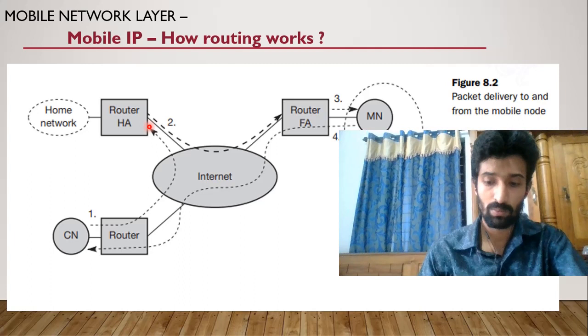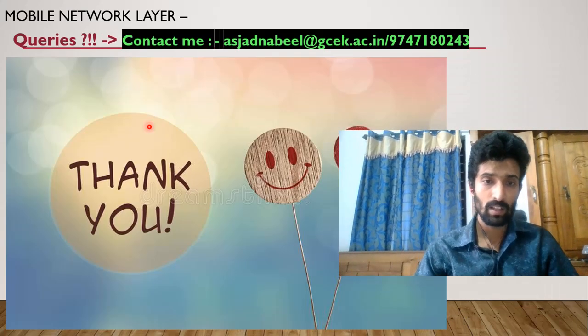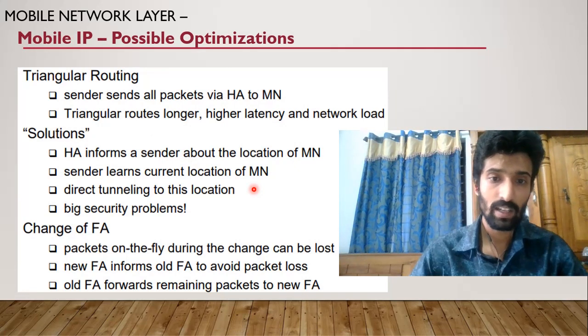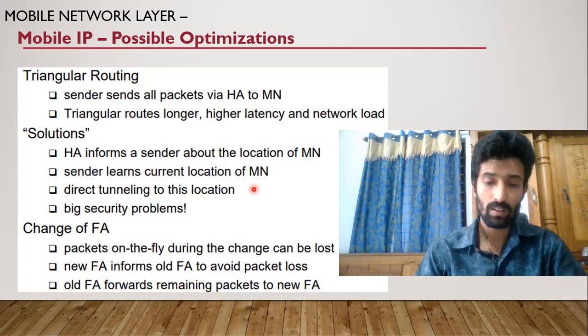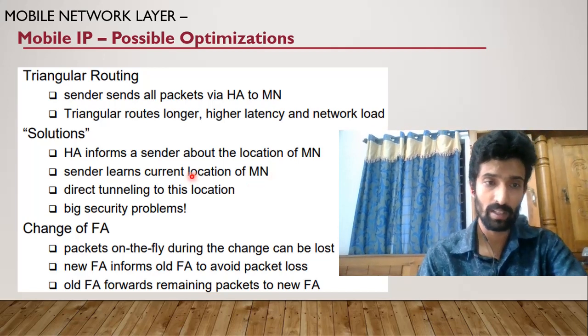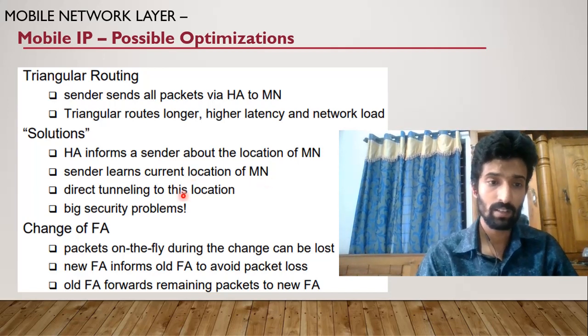That is one possible optimization. But the issue is that the mobile registration and all the security concerns are managed at the home agent. So the moment the home agent is removed from the communication, bigger security problems can arise.